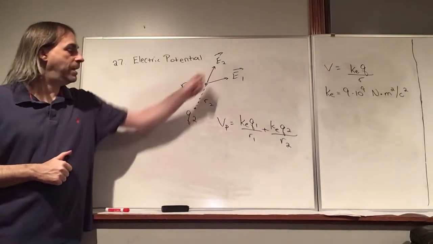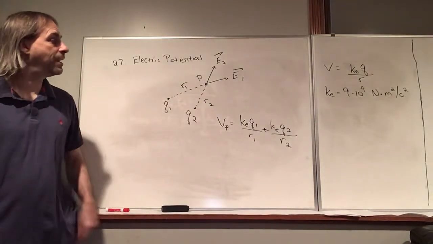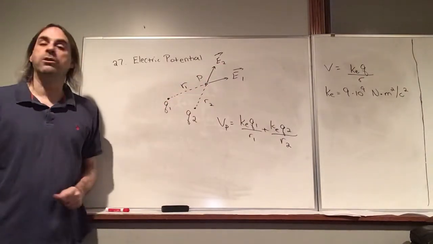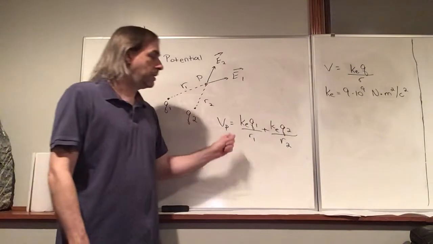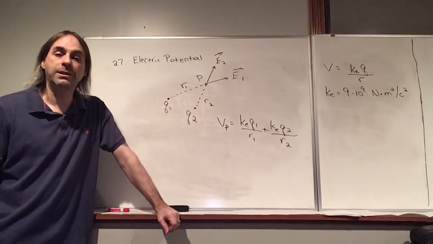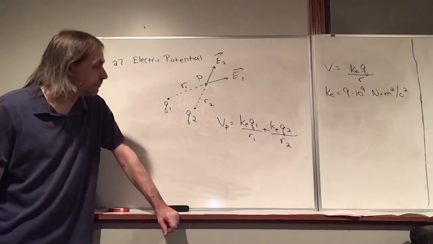Then we calculate E2 as if charge 2 was the only charge that existed. And then we would add these two vectors to get the actual electric field at point P. Similar with electric potential, except electric potentials are scalars, so much easier to work with than electric fields.